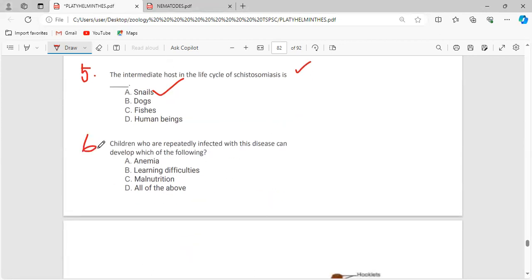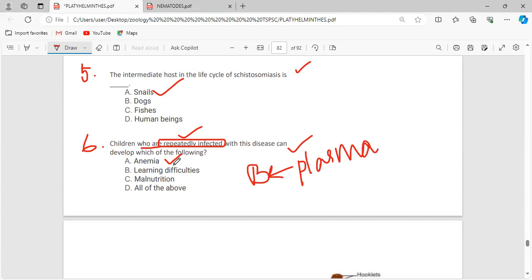Now, children who are repeatedly infected with this disease can develop which of the following? Why only anemia? Because it is a blood fluke, it consumes lots of plasma, so obviously the children will develop anemia.